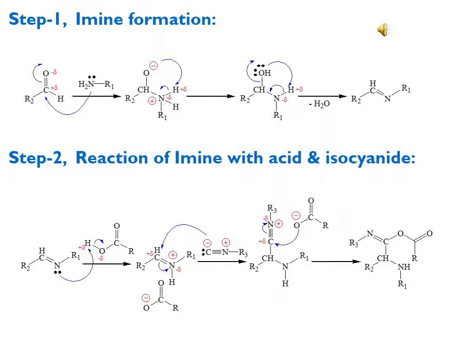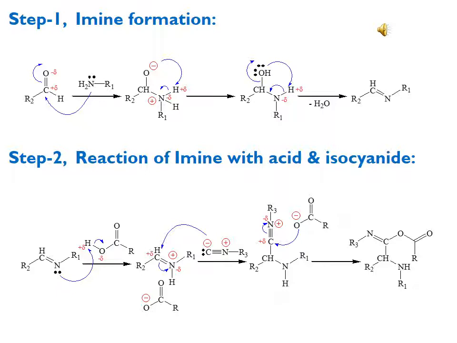Here is a very important question. In step 2, the reaction of amine with acid and isocyanide, first the imine reacted with carboxylic acid, and we get the protonated imine along with the carboxylate anion, and now the isocyanide, acting as a nucleophile, attacks the carbon which is double bonded with nitrogen. The question is that we have two nucleophiles here.